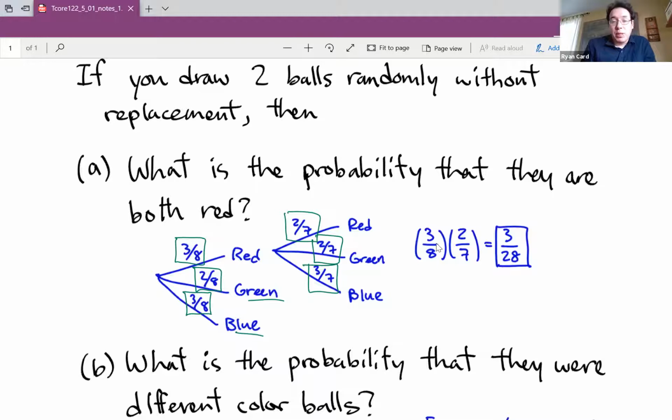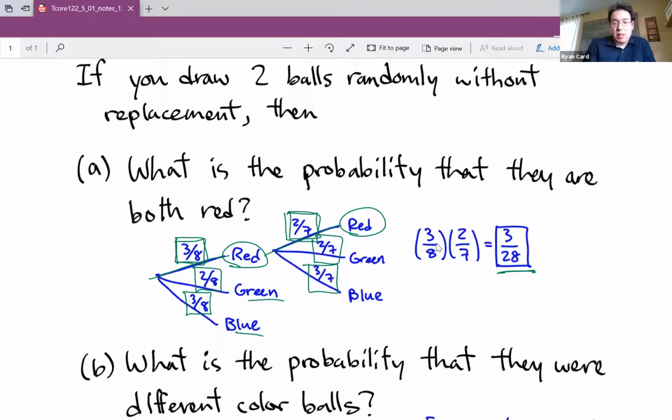And if I want to compute the probability that both of the balls were red, what you do is you look at these branches and multiply all the numbers along the way. So we want to consider the situation where we get red first, then red again. You multiply 3/8 by 2/7, and we get the probability that that occurs.